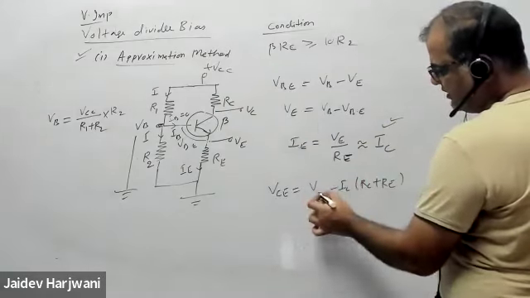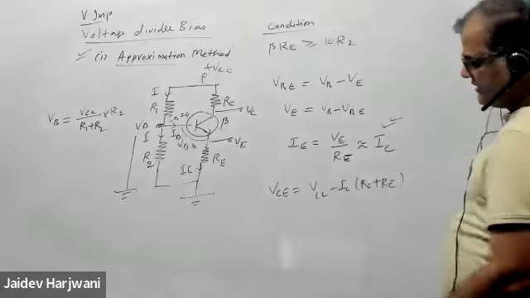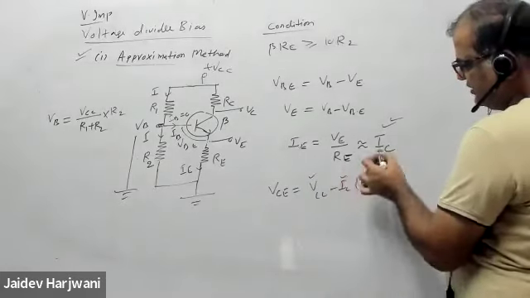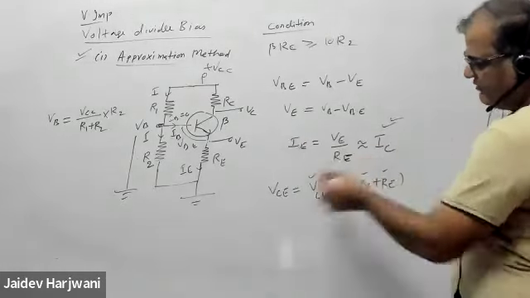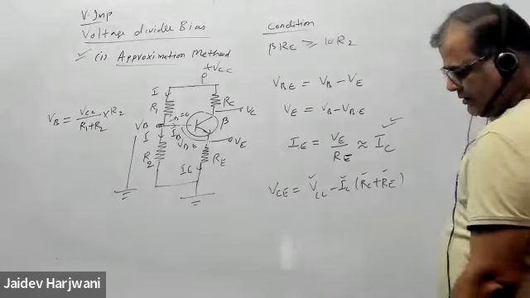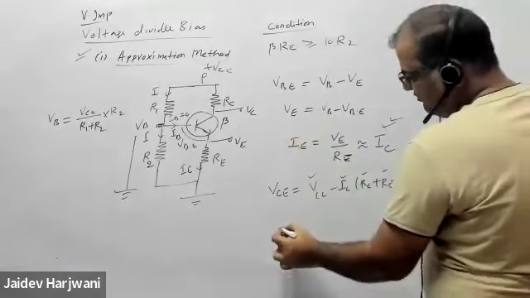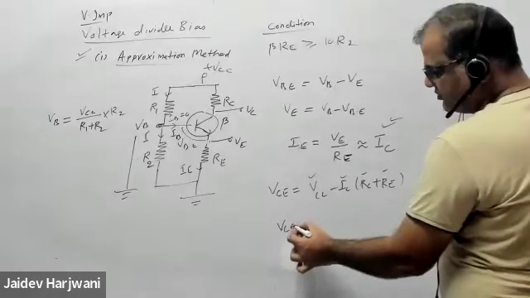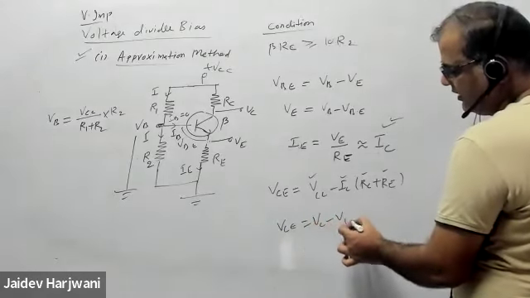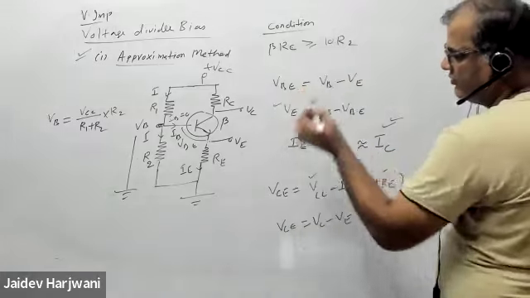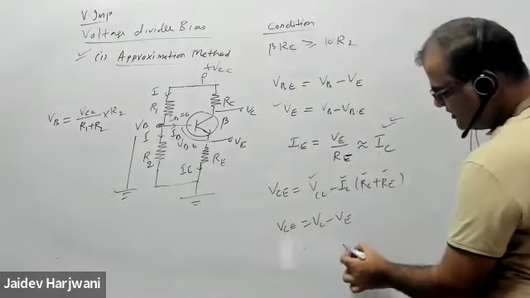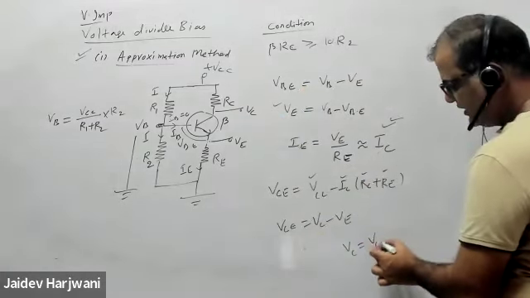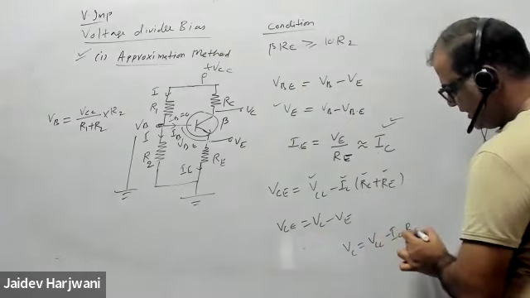First case, emitter feedback, same circuit. Now VCC you know, IC you know, and RC, RE will be given. You can find the VCE, or you can find VC like this also: VC minus VE. VE you already know. VC is your VCC minus IC RC.